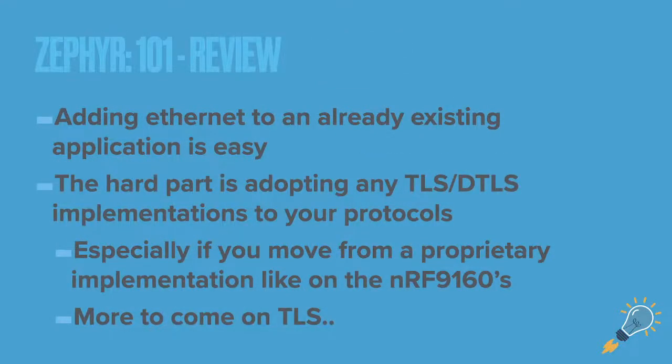Adding Ethernet to an already existing application, from my point of view, was really easy. That was the easy part. The hard part was adopting TLS, especially for any TLS or DTLS, you have to configure mbed TLS manually, and you have to make sure those settings are compatible with whatever device or backend it's communicating with.